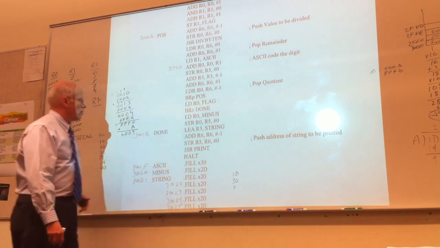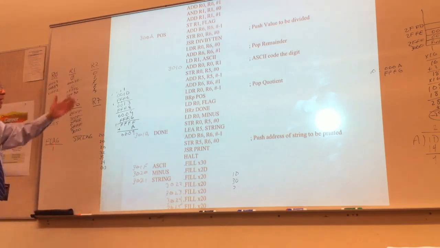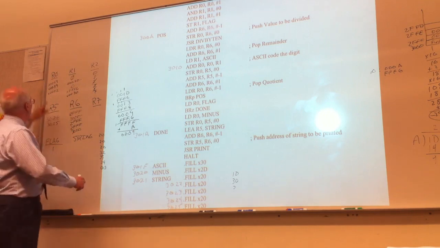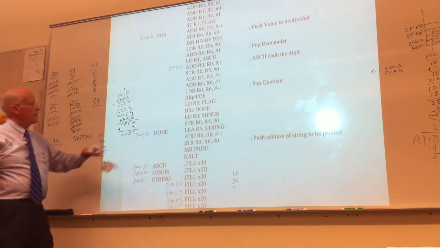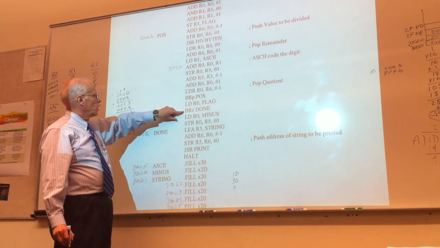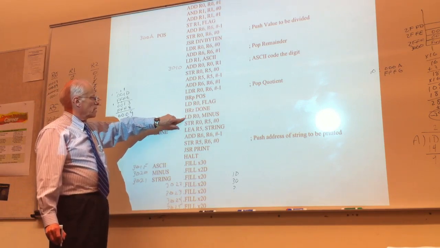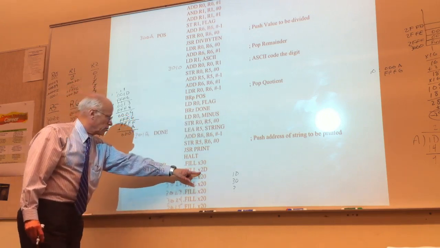I load register 0 from flag. I can't remember where we wrote it down, right here. Flag has a 1 in it, so that actually comes into here. It's not 0, so I do not branch. That says now I load register 0 from memory location minus, which is right here.